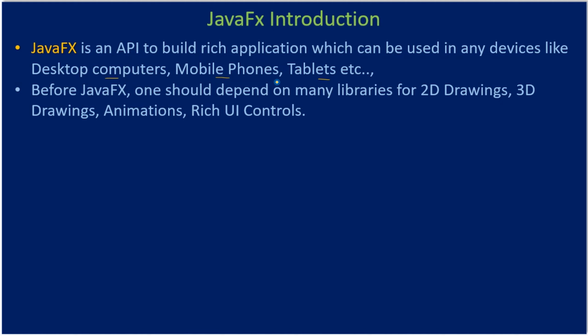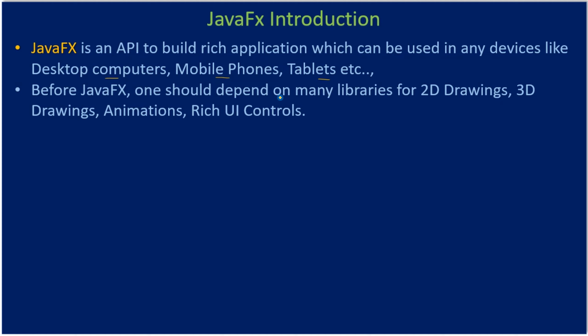So before JavaFX, one should depend on many libraries to perform 2D drawings, 3D drawings, animations, and some of the rich UI based controls. Previously we covered Java 2D to perform 2D drawings.